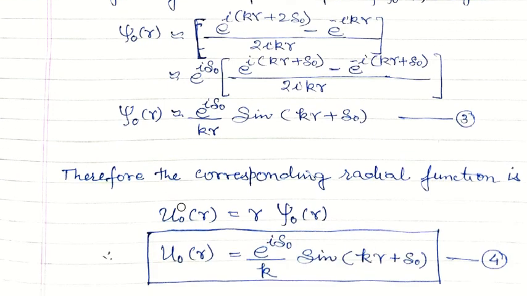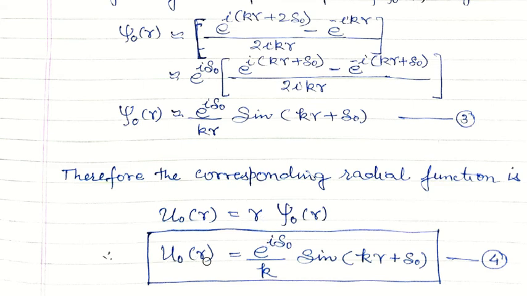Now as we know, the radial wave function u_0(r) is equal to r into psi_0(r). This we have learned so many times. So now substituting the value of psi_0(r) from equation 3, this r and this r will cancel out.